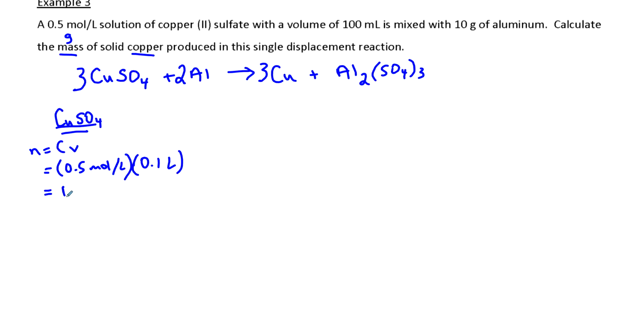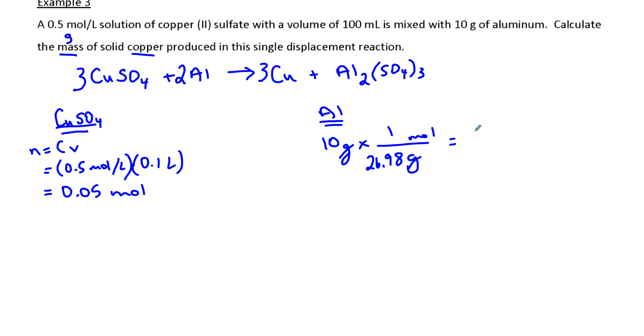And that's going to give me 0.05 moles. For the aluminum, because it's just a piece of metal, I just have a mass. So I'm going to convert that mass into moles using molar mass. And this would be 26.98. Okay, so 0.371 moles.